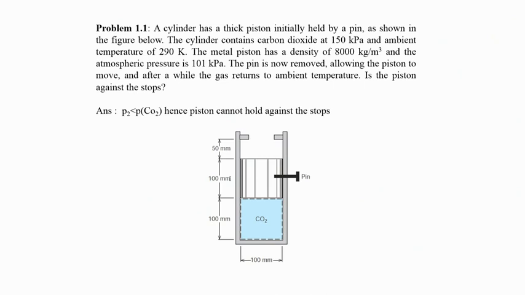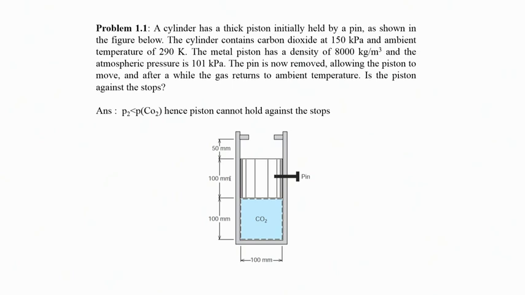The cylinder contains carbon dioxide at 150 kilopascal and at an ambient temperature of 290 Kelvin. The metal piston's density is given and the atmospheric pressure is given. The pin is now removed, allowing the piston to move, and after a while the gas returns to ambient temperature.